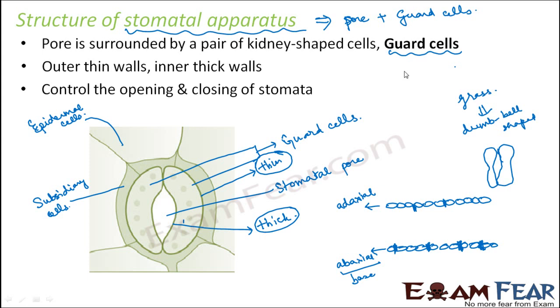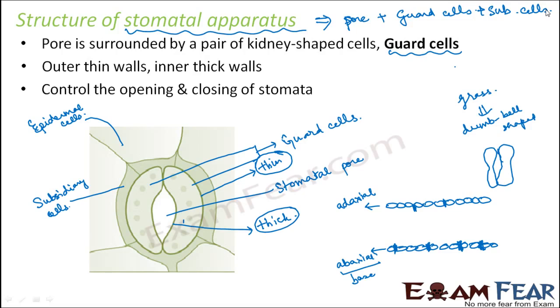So this entire set of things together form the stomatal apparatus. Generally, when we say stomata, we think we are talking about the stomatal pore, but when you want to be a little more precise, you should actually say stomatal pore surrounded by guard cells, which in turn is surrounded by the subsidiary cells, and this entire package is termed as stomatal apparatus.